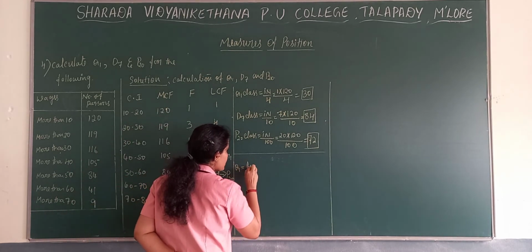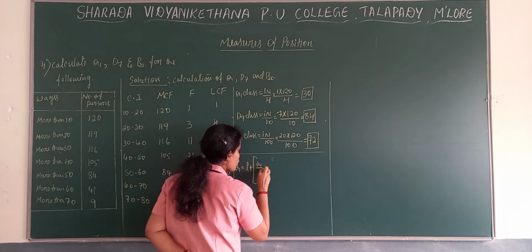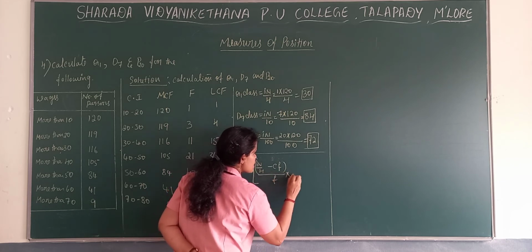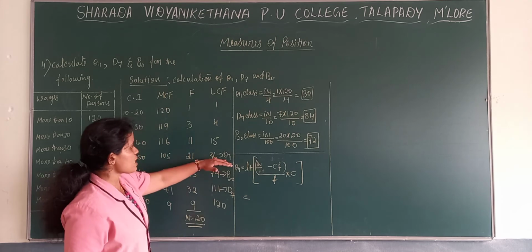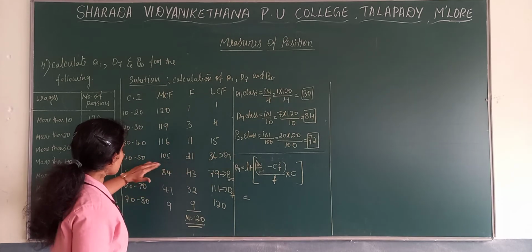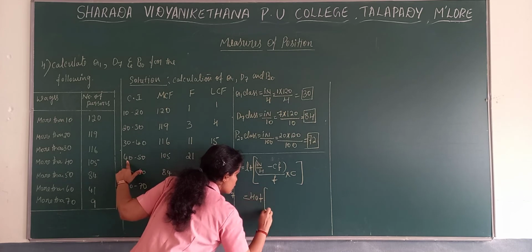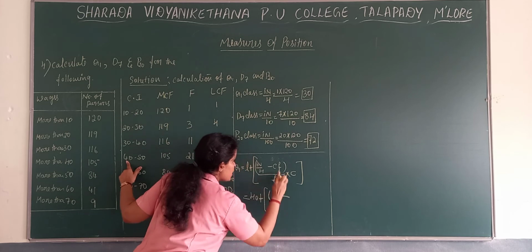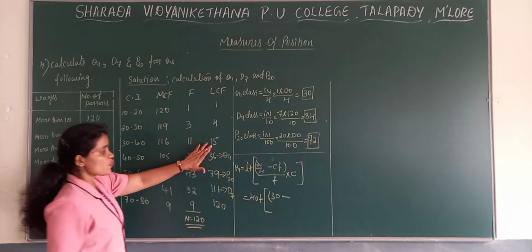Q1 is equal to L plus IN by 4 minus CF divided by frequency into C. So here you know that this is the Q1 class. Now see the lower limit. Lower limit is 40 plus IN by 4, that is 30, minus CF, cumulative frequency LCF preceding, that is 15.